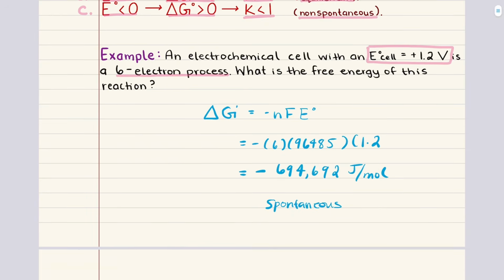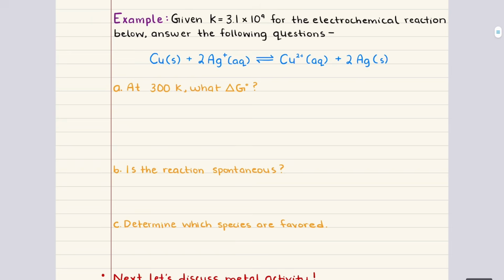Now let's solve that second problem together, step by step. We're given an equilibrium constant of 3.1 times 10 to the 9th for the reaction, where solid copper plus 2 silver ions form copper 2 plus and 2 atoms of solid silver. Part A asks for the standard Gibbs free energy change at 300 Kelvin.